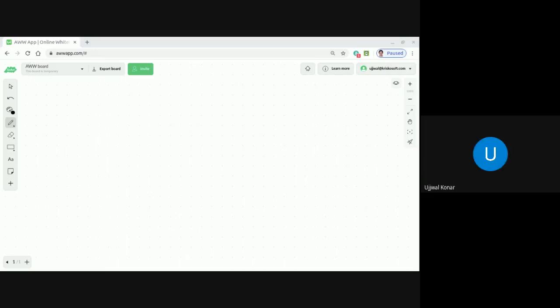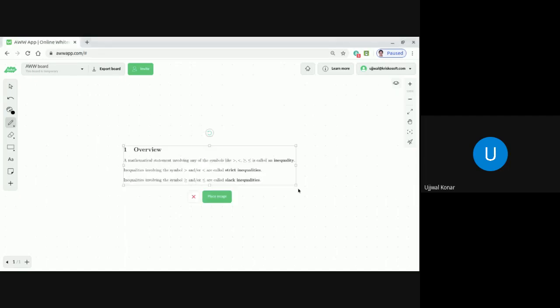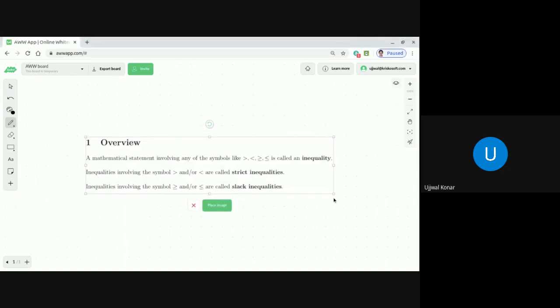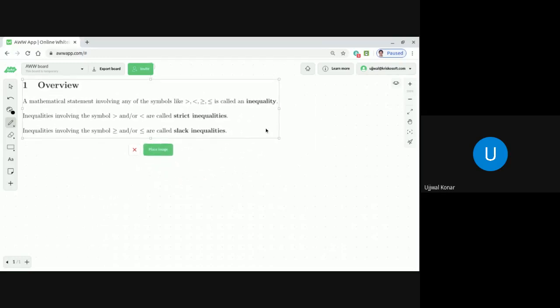For example, 2x plus 3 is greater than or equal to 11. That is not an equation, that is an inequation. We will discuss it in detail, and that is a very important topic.